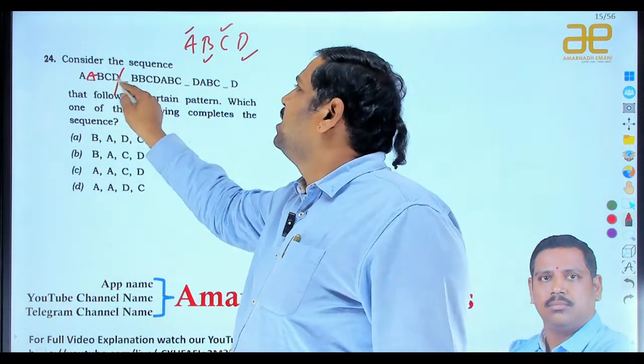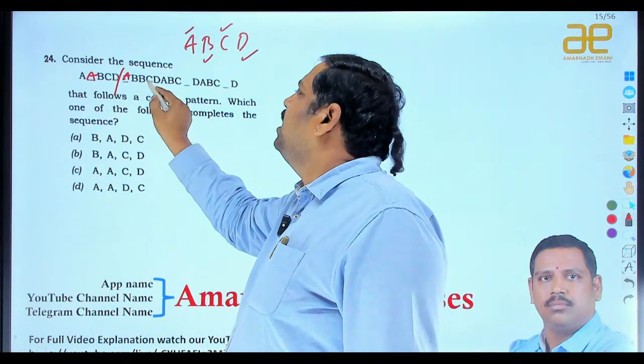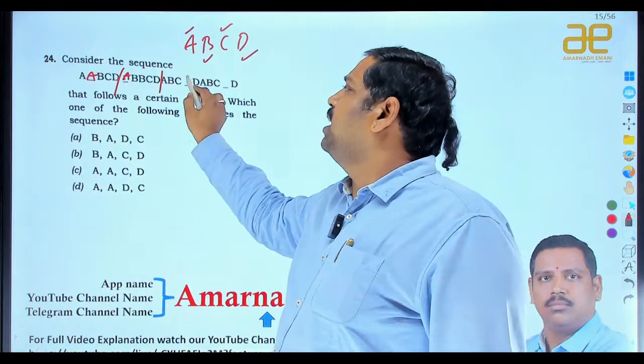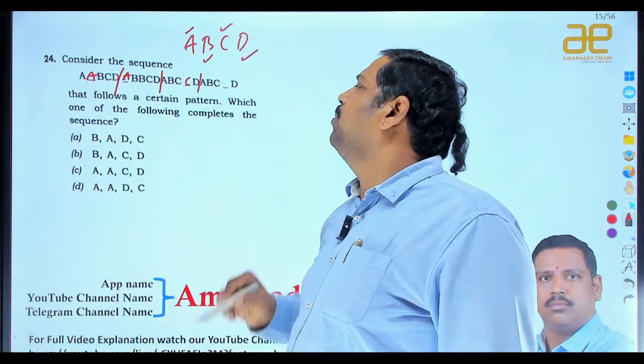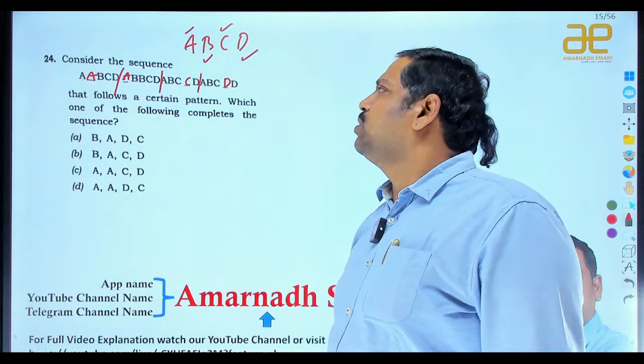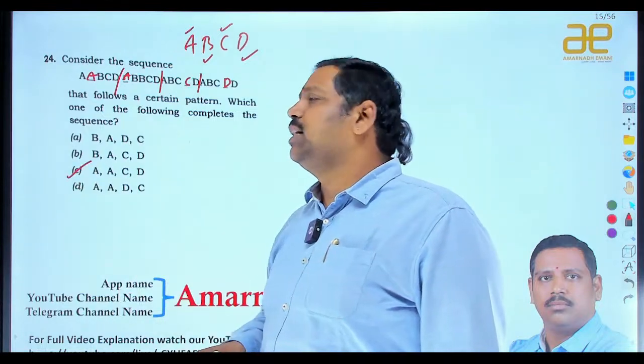So AABCD. Second time A, BBCD, B 2 times. Third time C 2 times, ABCCD. Fourth time D 2 times, ABCDD. Yes, exactly. So what should be the answer? AACD. Third option is the answer.